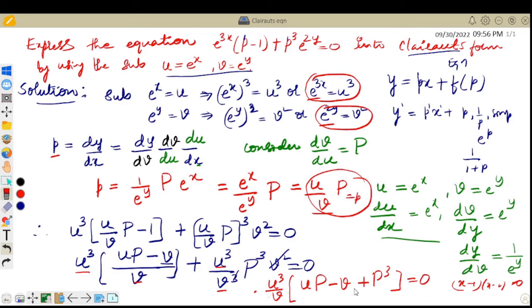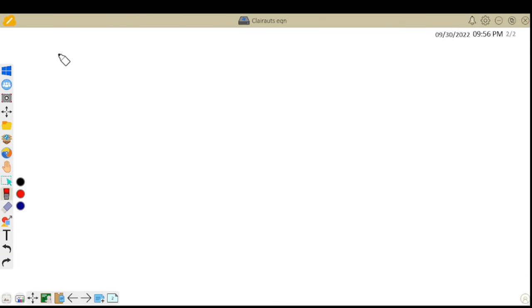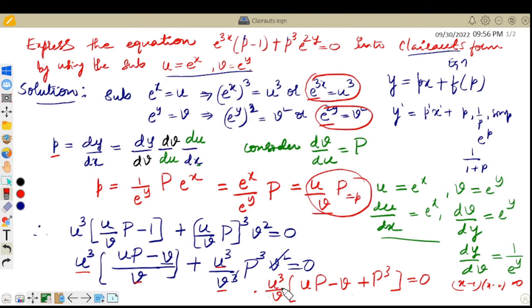Only if I take these two as equal to 0, here u cube by v is never 0. So the only thing is u into capital P minus v plus p cube equal to 0. Okay. So first one is not equal to 0. U cube by v is equal to 0 means u cube is equal to 0, and again u is equal to 0.